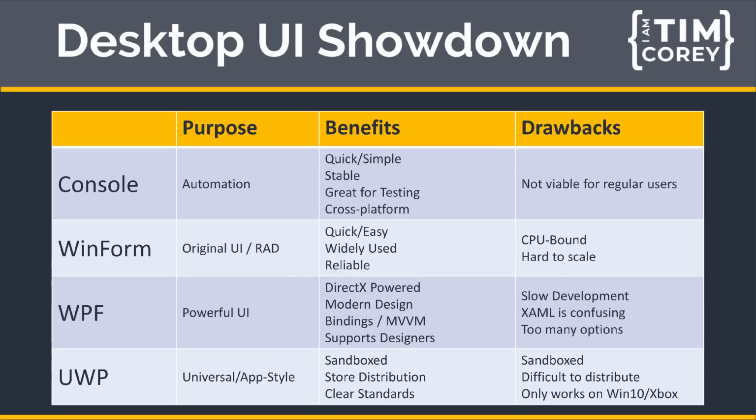However, with that being said, I still would default to WPF. Now, I said don't think it's the only option, and that's true. But I would start at WPF and say, do we need to have it out the door fast? Okay, well then WinForms is the option. Do we need to have automation? Well then console's the option. Otherwise, maybe we should look at WPF, and maybe we should make that our platform.